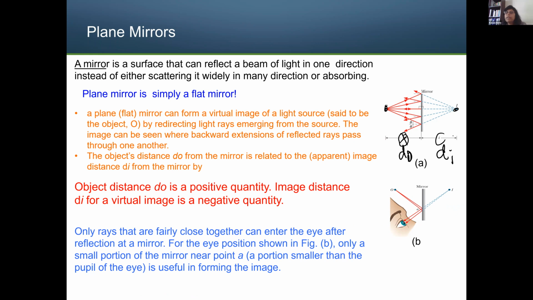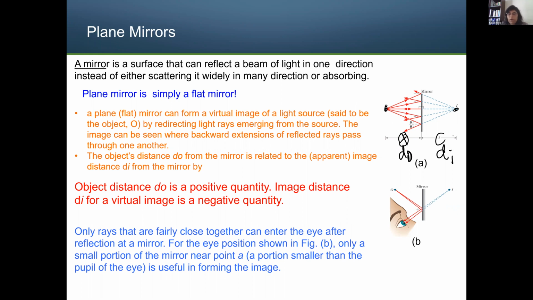These are the symbols we use: D naught is the object distance, and DI is the image distance. In optics, the measurements we take have no vectors, but the important thing is that you always measure to the lens, to the mirror, to the spherical mirror. That distance is measured to the device that we're going to use.